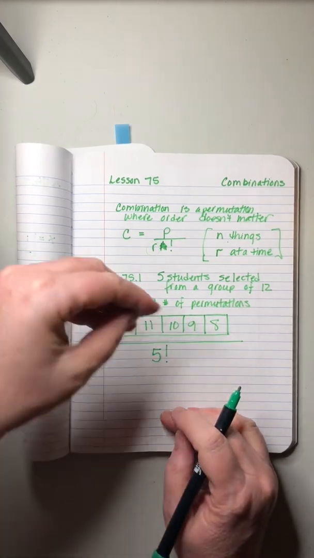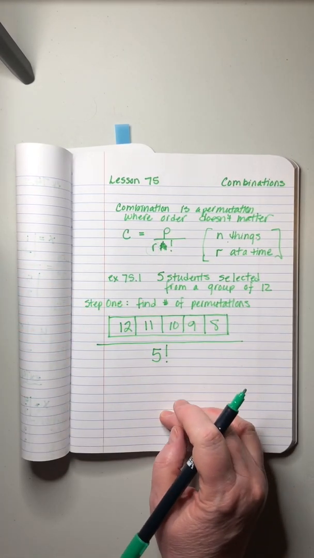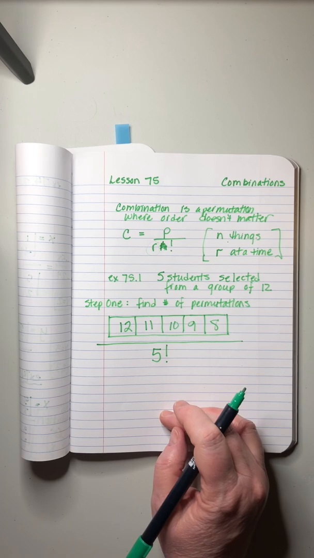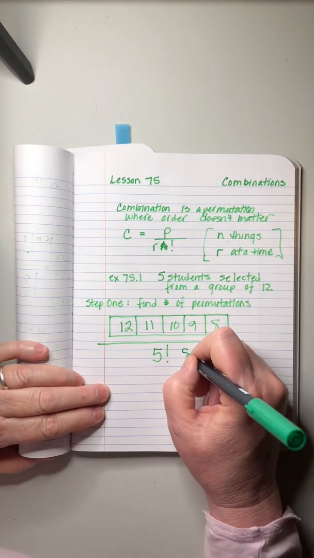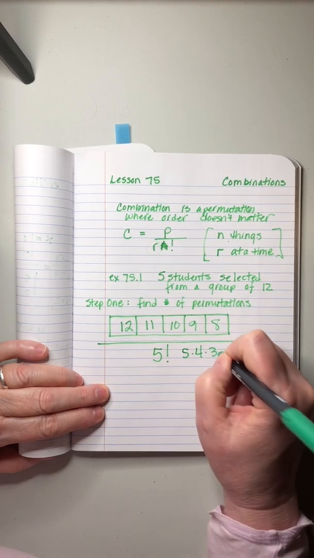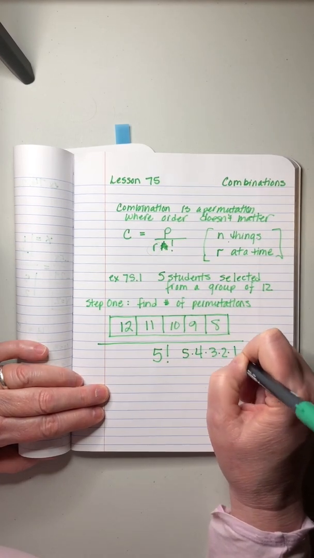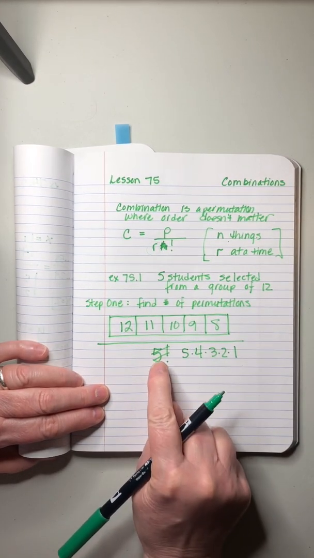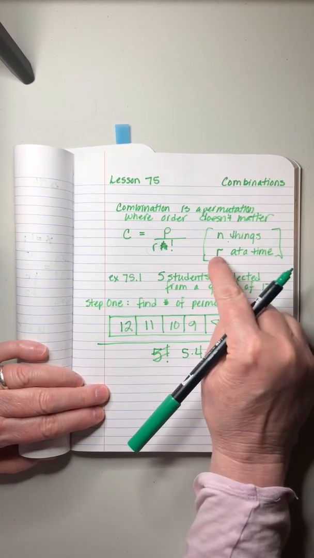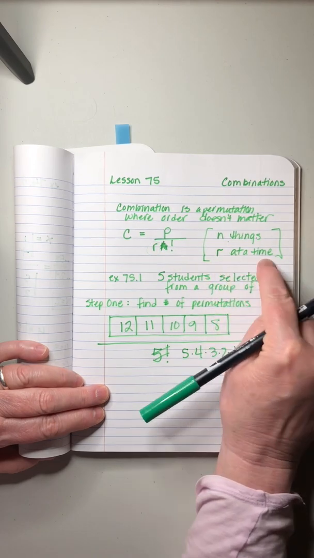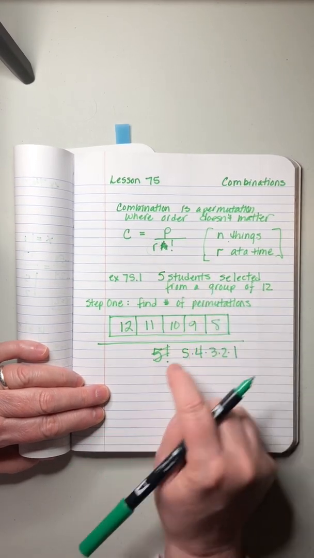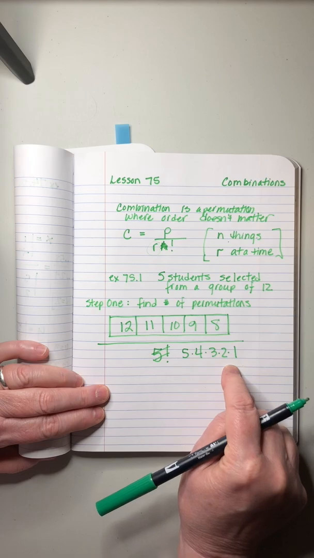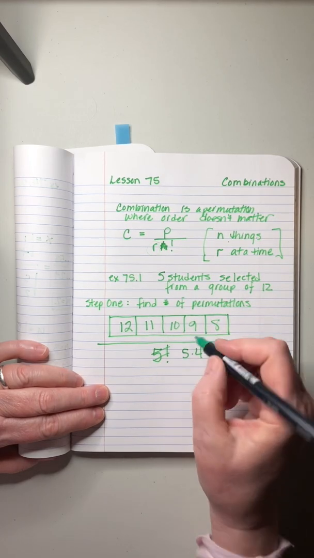What that essentially does is it accounts for the fact that we don't care what order they're in, okay? I don't want to drag you down into the theory of that, all right? You can just trust me that by dividing by the number at a time that we're choosing, like 5 students, we divide by the factorial of that, and life is much better.